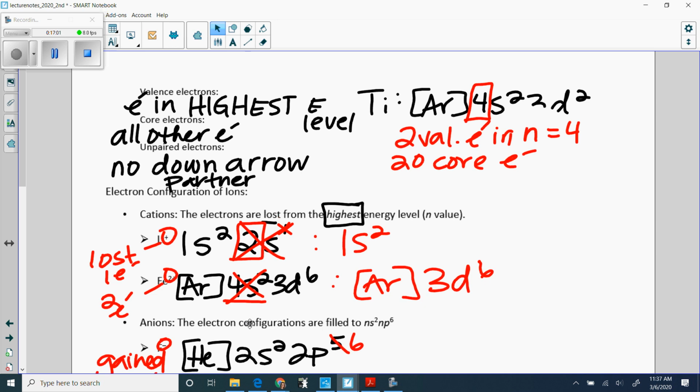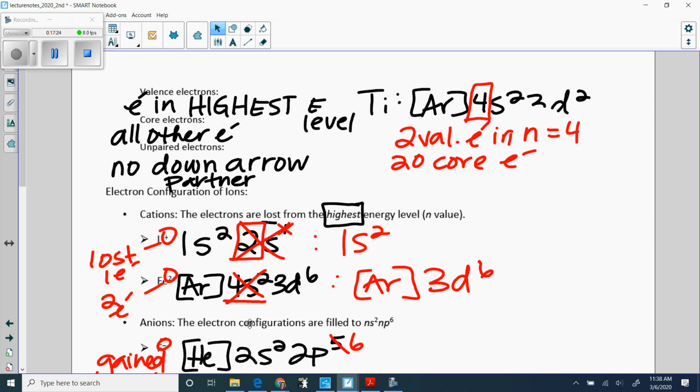It's right in the middle. Is it going to lose it from the d?